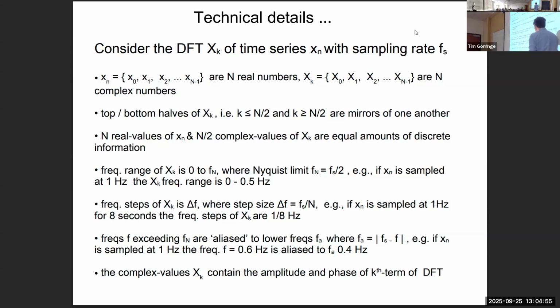Well, the interval between the frequencies in your frequency domain data is your sampling rate, f subscript s, divided by N, the number of samples in your time domain. That's the step size, the interval between individual frequencies in your frequency domain.